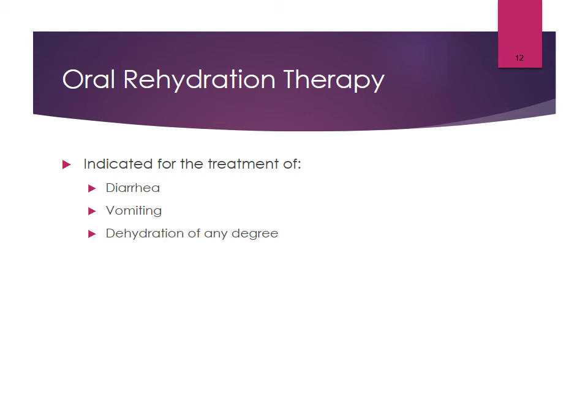Over and above that, you're going to replace the continuous losses from the vomiting and diarrhea with 60 to 120 milliliters over a 3 to 4 hour period to help rehydrate the infant or child. We want to continue to breastfeed as long as it's tolerated, and we want to resume a regular diet once dehydration is resolved.